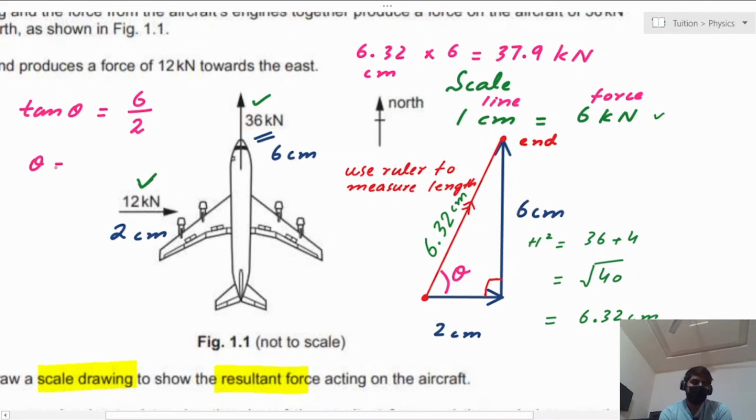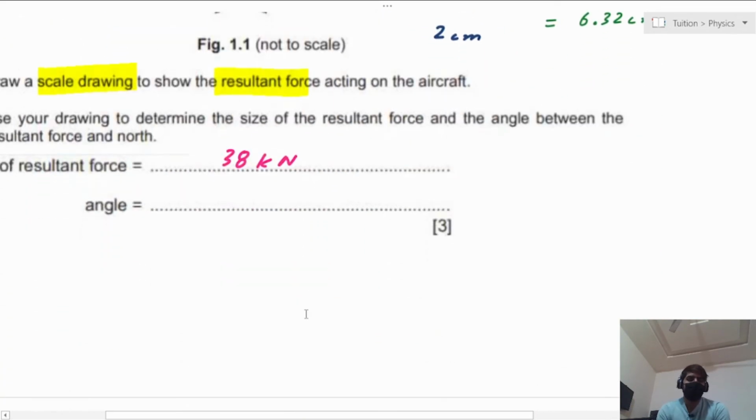Theta would be tan inverse of 3, and if you hit it on the calculator, that comes out to be 71 in 2 SF. That comes out to be 71 degrees, and that makes sense.